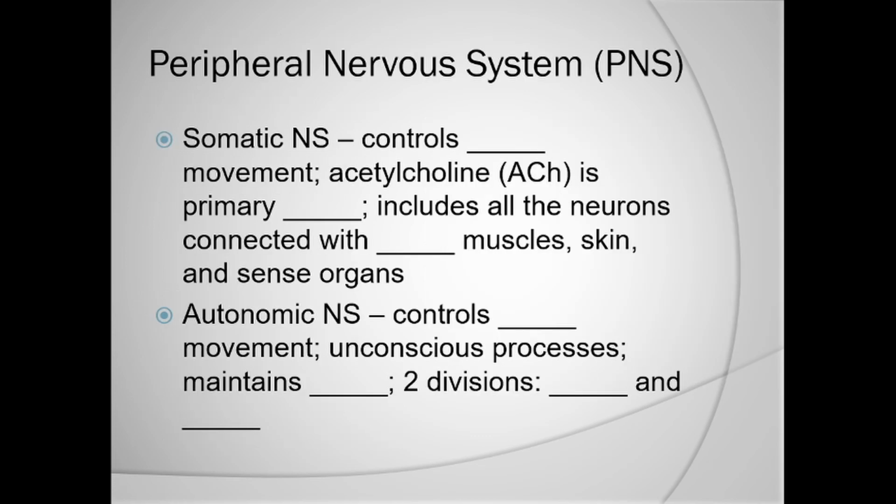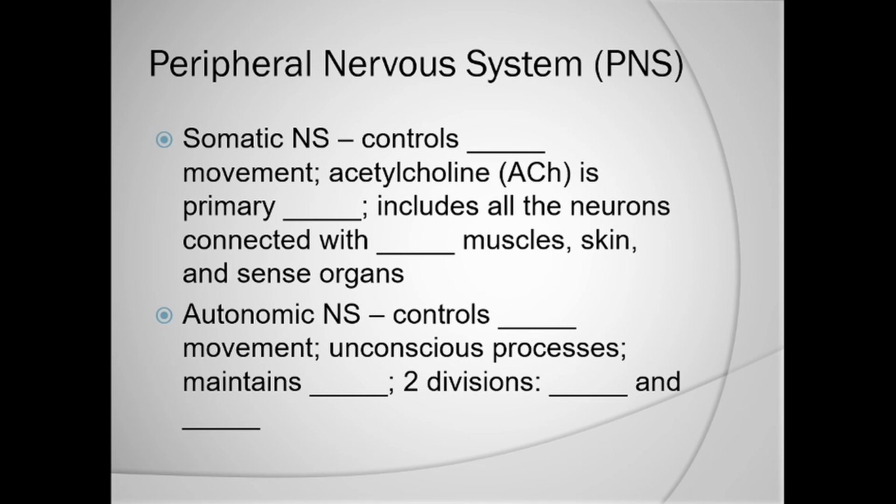The peripheral nervous system. So that's the central nervous system completed. This is the peripheral. And we're going to look at the two major divisions of the peripheral, somatic and autonomic. The somatic nervous system controls voluntary movement, and acetylcholine, abbreviated ACh, is its primary neurotransmitter. Neurotransmitters are chemicals that transmit information within the nervous system.